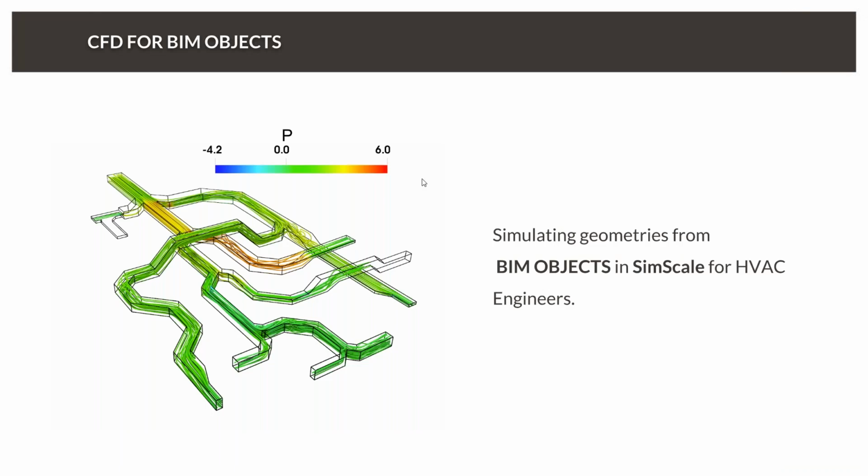So first of all, as I mentioned, our aim is to simulate geometries from BIMobject in SimScale. Today we'll take the seat of the HVAC engineer. Let's imagine you're involved in a project about finding the right HVAC concept and the right HVAC ducting layout for a residential building.